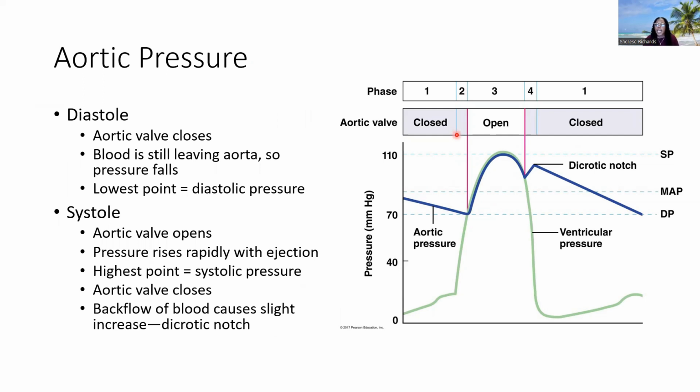If we think about the end systolic volume, we can capture that at the end of phase three. So this is after the ventricle has ejected. Remember, phase three is ventricular ejection. So after that ejection, we're going to go in and check the lowest volume, and that would be our ESV. So our end systolic volume is at the end of phase three, our end diastolic volume at the end of phase one.